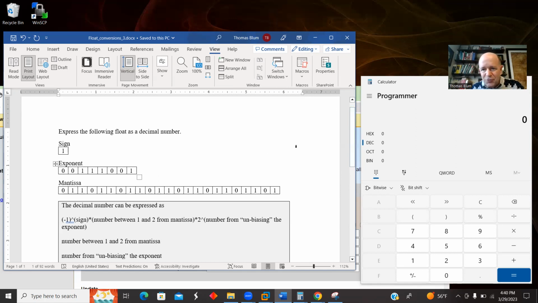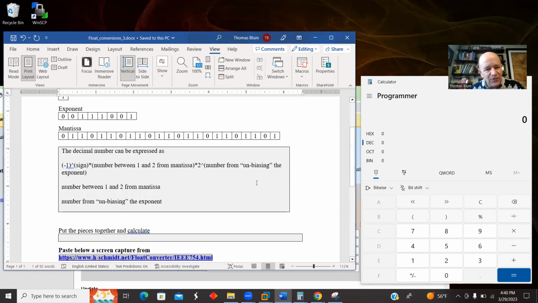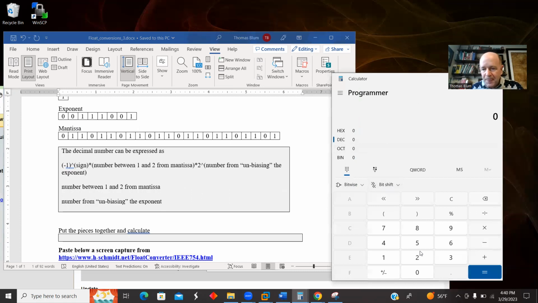Then the exponent is listed first, so let's deal with it first. I'm going to take the exponent, figure out what it is in binary, and then unbias it by subtracting 127 from it. The exponent here, starting in floating point representation, so in binary, was 0, 0, 1, 1, 1, 0, 0, 1.